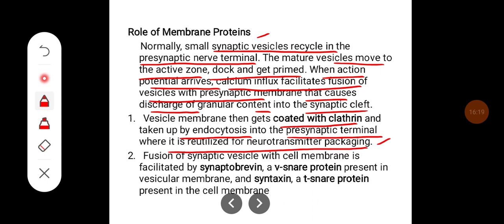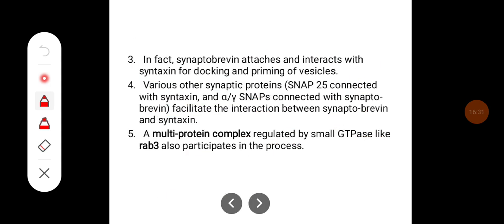Fusion of the synaptic vesicle with the cell membrane is facilitated by synaptobrevin, a V-SNARE protein present in the vesicular membrane, and syntaxin, a T-SNARE protein present in the cell membrane. In fact, synaptobrevin attaches and interacts with syntaxin for docking and priming of vesicles.